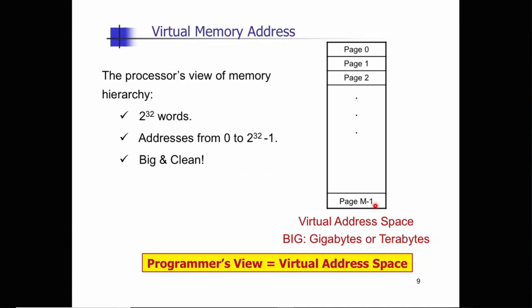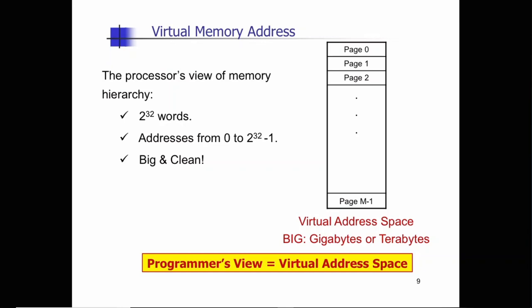If you have a 32-bit virtual address space, then that means we have the processor view of the memory hierarchy. The processor is going to think that it has a 32-bit address space when in reality it's essentially just 30 bits or fewer bits. The addresses are going to go from 0 all the way to 2 raised to 32 minus 1 because we have 32 bits to access each particular virtual address location.